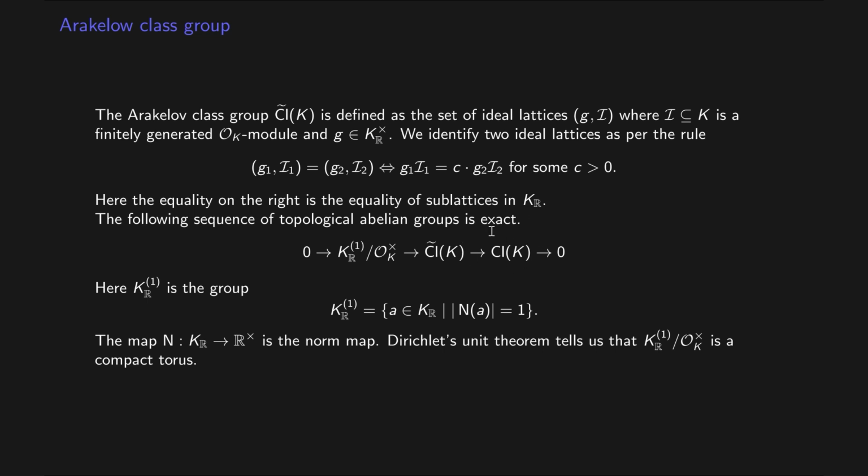So for each ideal class, we will have the space of lattices, which will topologically look like a d-1 dimensional torus. Or it will be this set of elements in the Minkowski space such that the product of all coordinates is equal to 1, and of course this would be, with respect to the multiplication, a subgroup, and the image of all the units of our number field would be a discrete subgroup of this group.